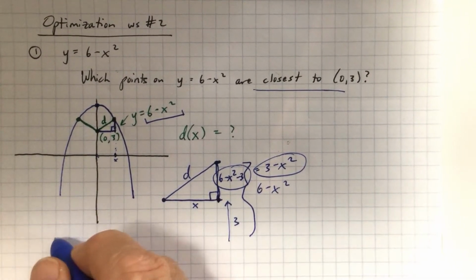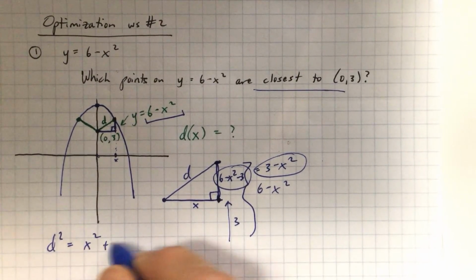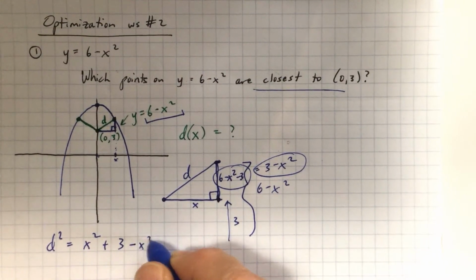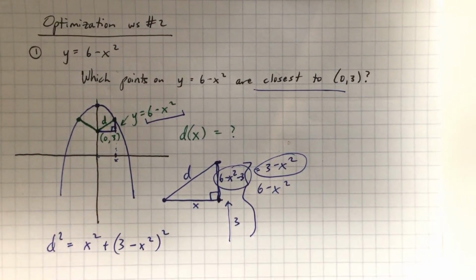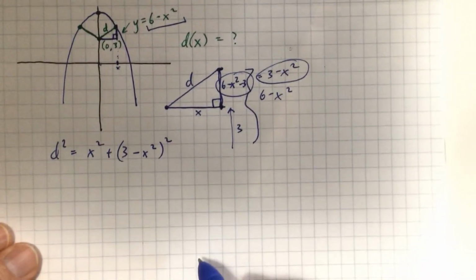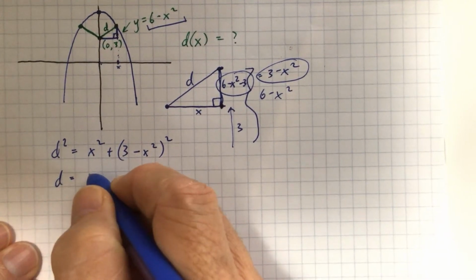And so the distance squared would be the sum of the squares of the other two sides: x squared plus (3 minus x squared) squared. If we take the square root of that, then we get the actual distance.